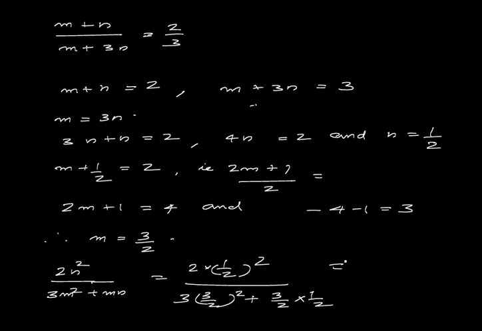That is equal to 2 into 1 by 2 square, which is 1 by 4, divided by 3 into 3 by 2 square, that is 3 into 9 divided by 4, plus 3 divided by 4.